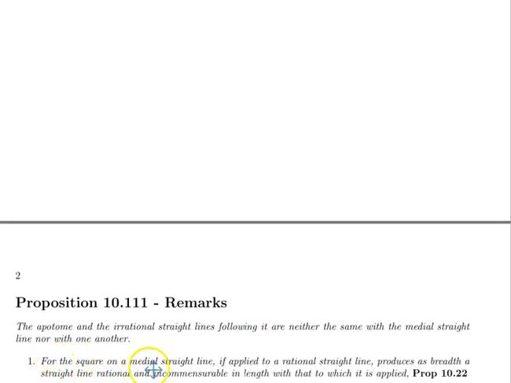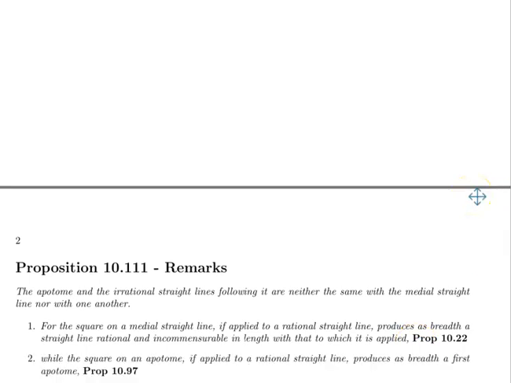For the square on a medial straight line, if applied to a rational straight line, produces as breadth a straight line rational and incommensurable in length with that to which it is applied. While the square on an apotome, if applied to a rational straight line, produces as breadth a first apotome.